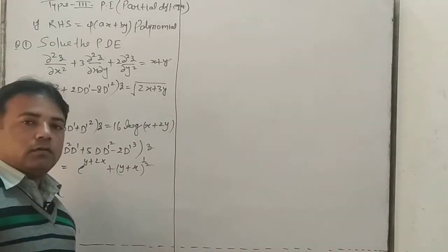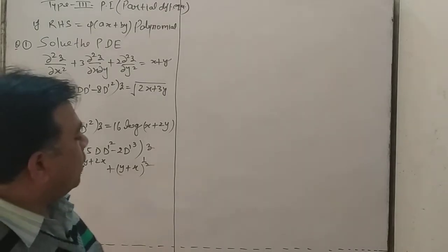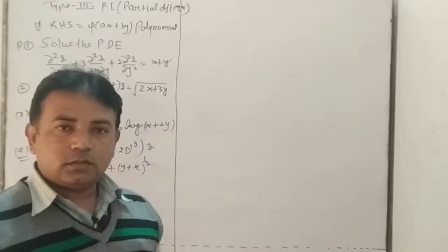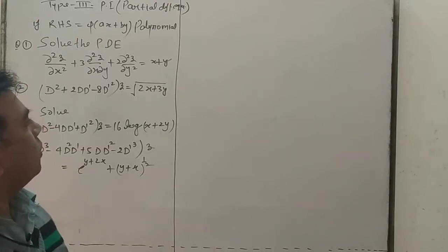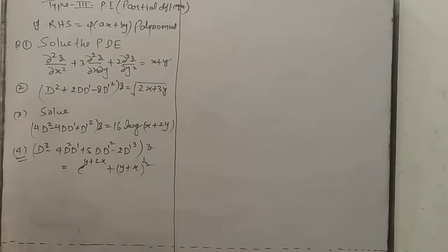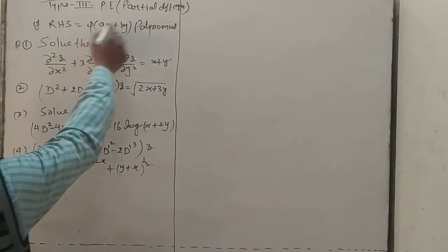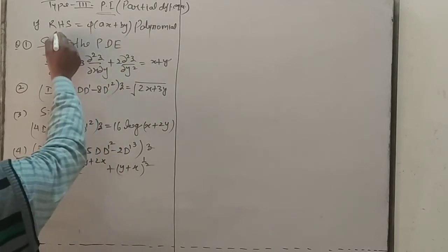If you have not seen my previous video, I request you to see it first, and then see this video to understand better. So let's start. Type third partial differential equation PI. Type third means the RHS.